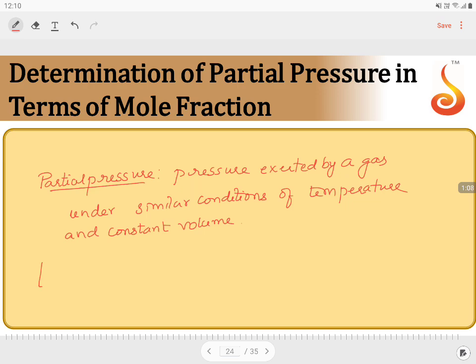So if I am assuming the gases, let us say gas A is present in a container of volume V liters. Gas B is present in a container of same volume V liters.